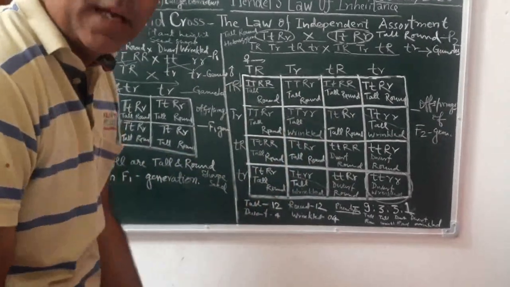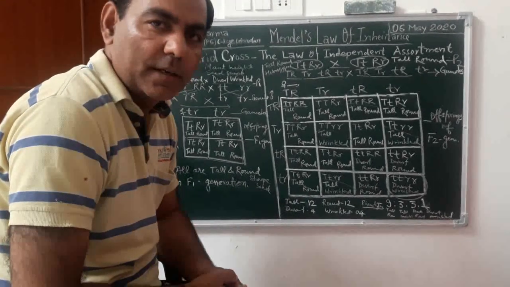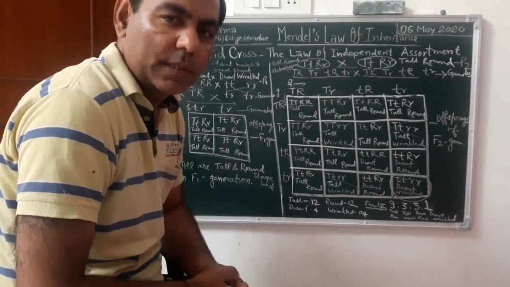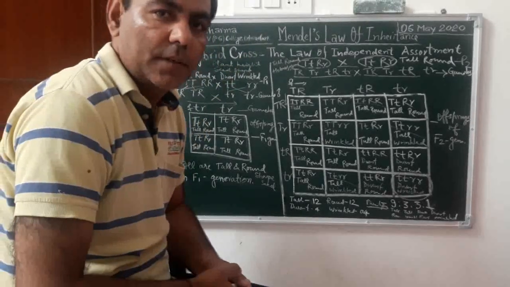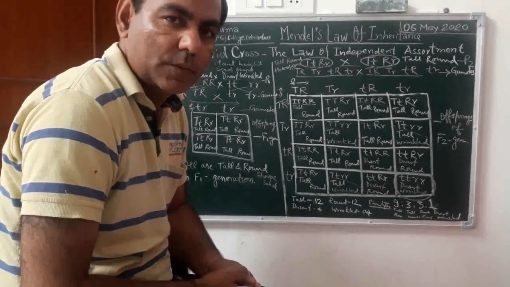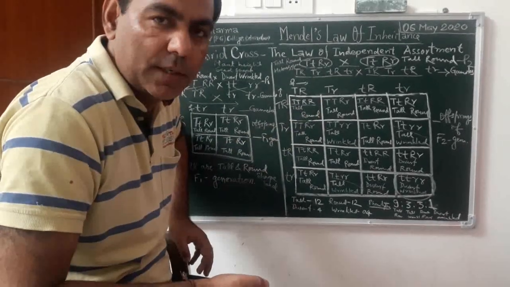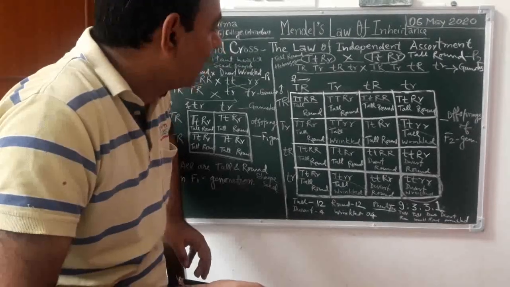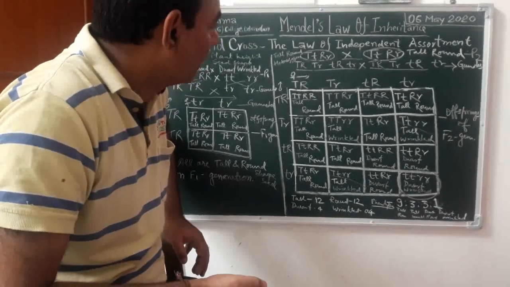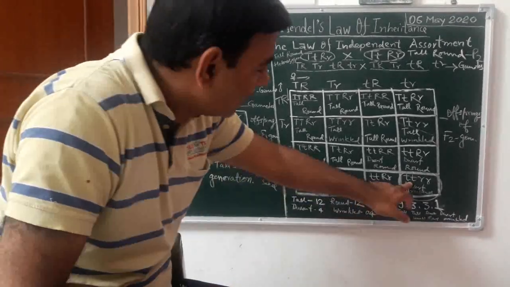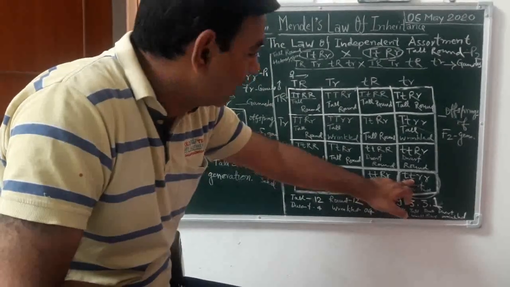If any one gene is present in dominant condition and the other gene is dominant or recessive, it means the dominant gene will independently assert or show its effect dominantly. If tall and dwarf are present together, the expression will be tall. If tall and tall are present, the expression will be tall. If both genes are recessive, as in small t, then the plant height will be dwarf.